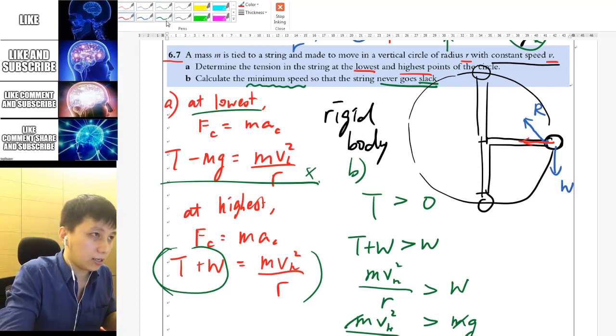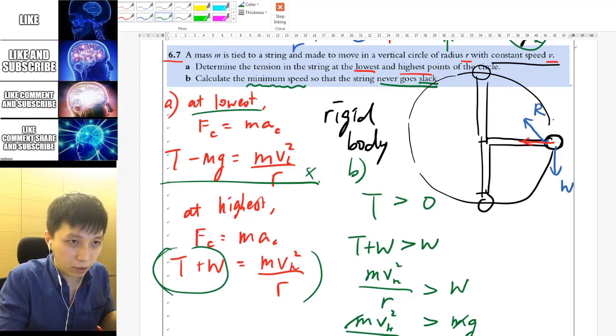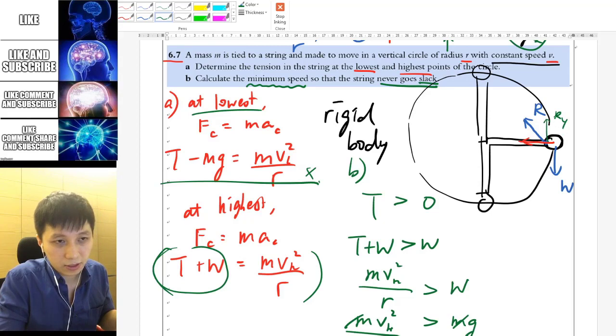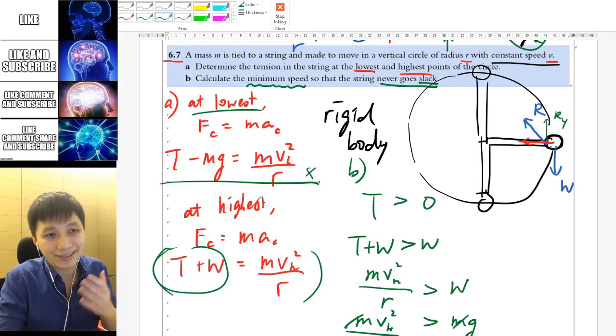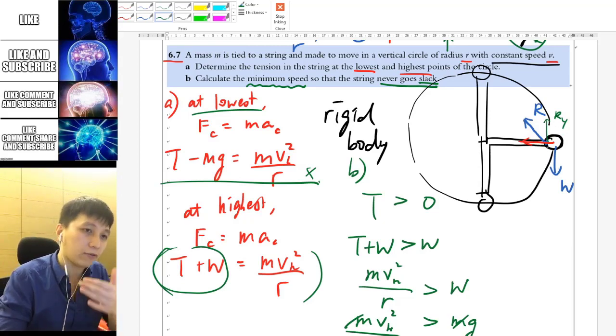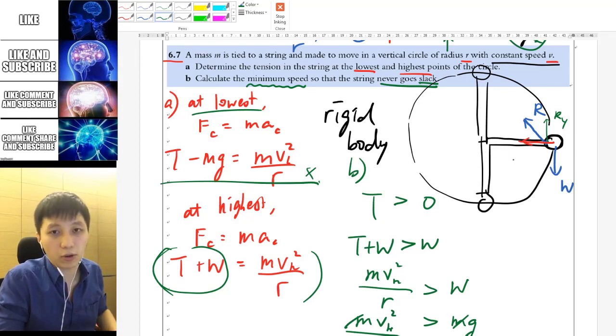You can take it that this reaction force will have a vertical component that is equal to the weight, and so you are left with only the horizontal force going towards the center.